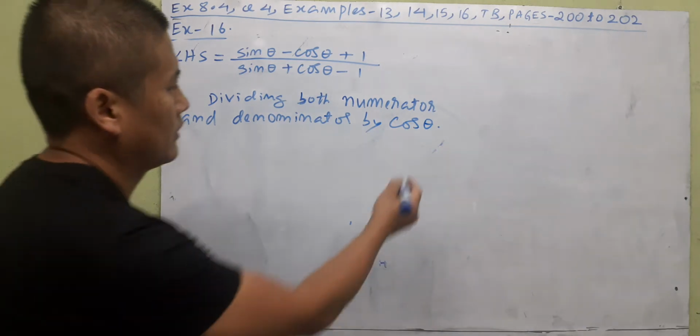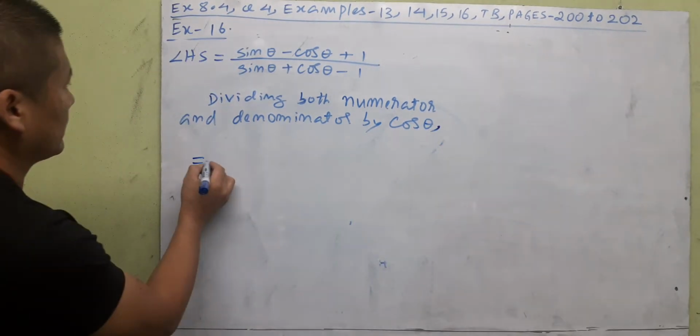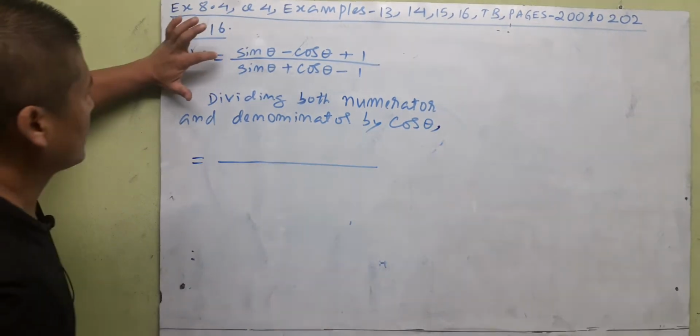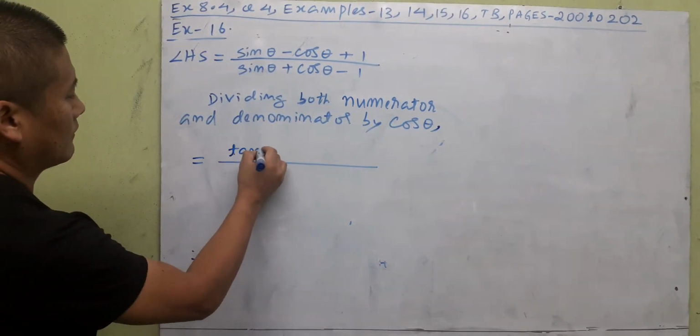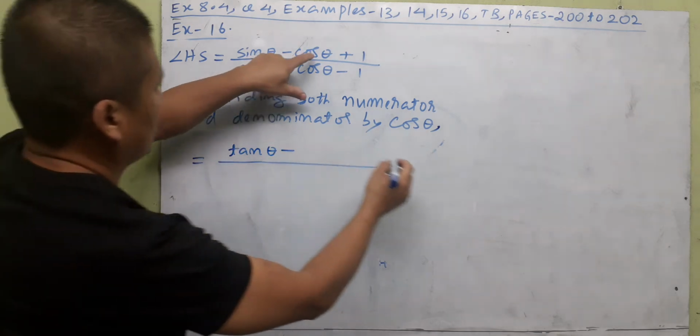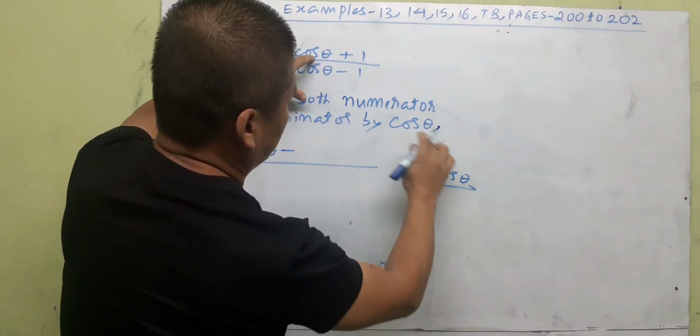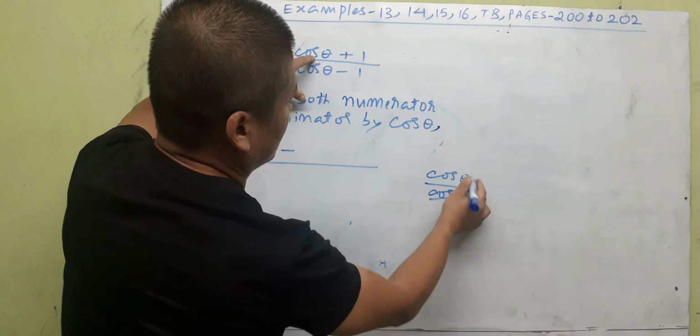Then what will you get? Let's do one by one. That will give you left hand side equal to sine theta by cos theta is tan theta minus this cos theta, therefore divided by this cos theta. Everything should be divided by cos theta, that's the meaning.